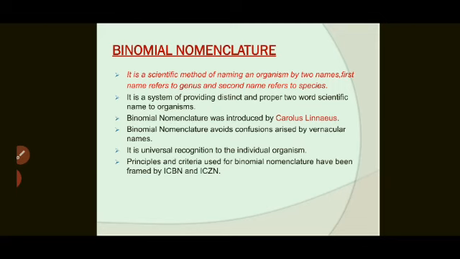Principles and criteria used for binomial nomenclature have been framed by ICBN and ICZN. So rules are being framed for the binomial nomenclature. Very important are the rules of binomial nomenclature.